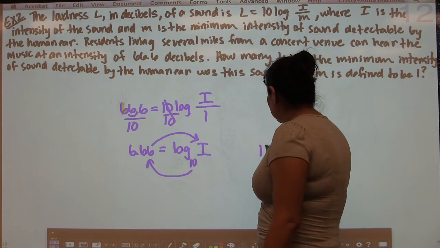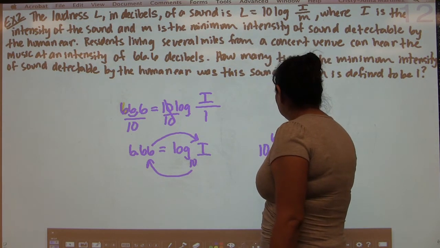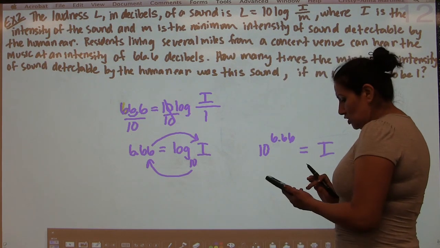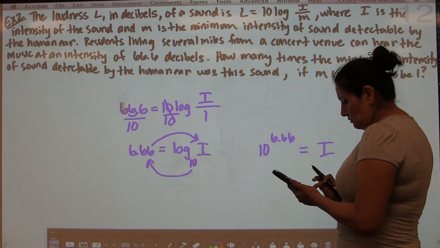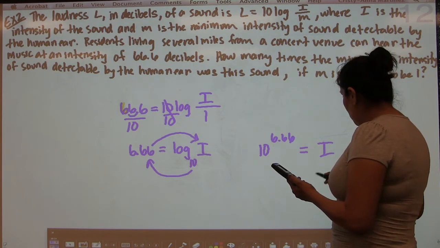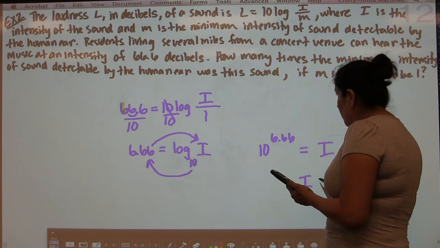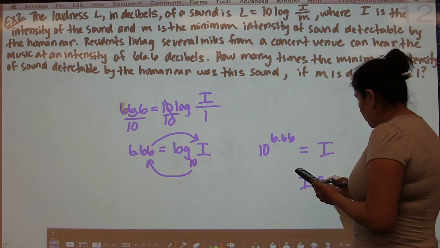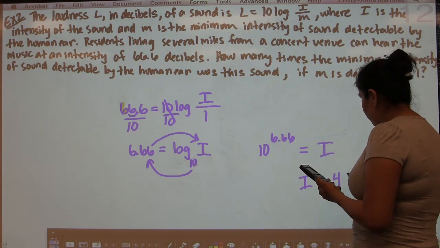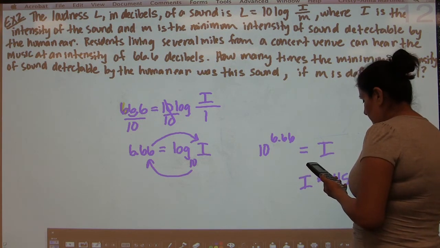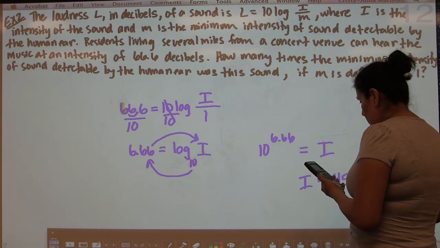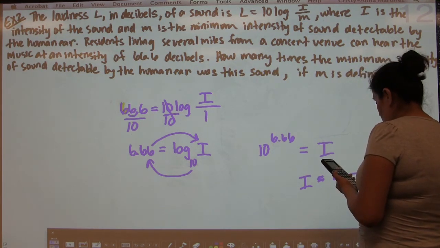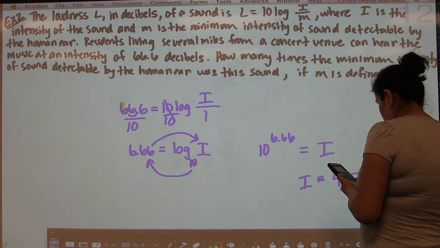So it's telling us that 10 to the 6.66 power is equal to I. So all I need to do is go 10 to the 6.66 power, and I'm going to get that I is approximately equal to 4,570,881.9.